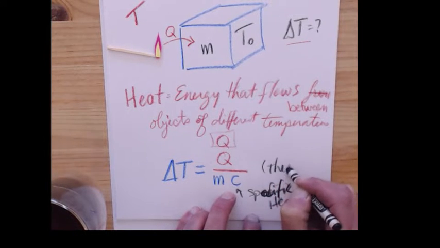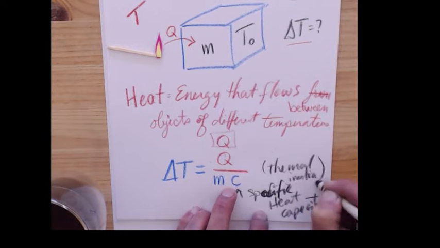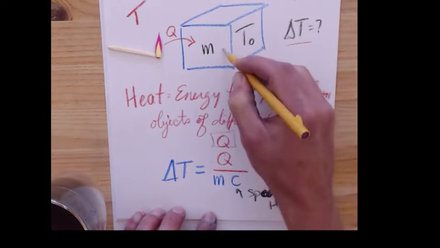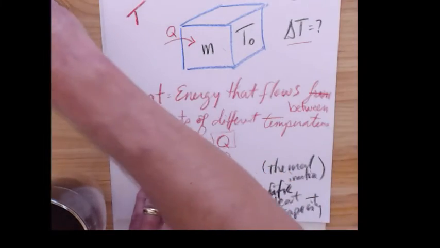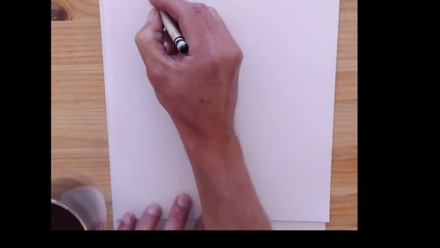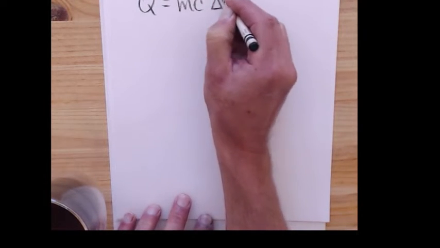It's very much a thermal inertia. So this depends on what this is made of. If you rearrange this around, you get what you have seen before, where Q equals mc delta T.